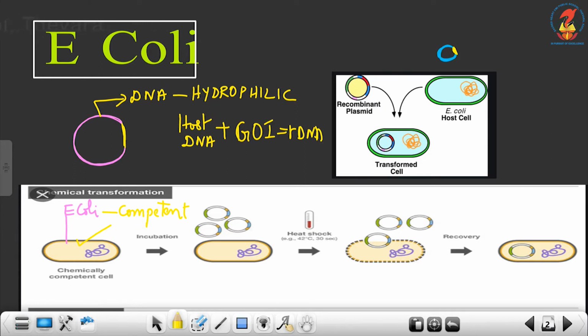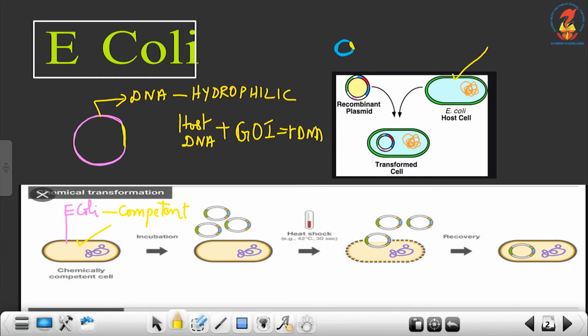We have to make the host competent to take up the rDNA. So, this is the recombinant DNA. It cannot easily get into the host E. coli. The host E. coli should be made competent.